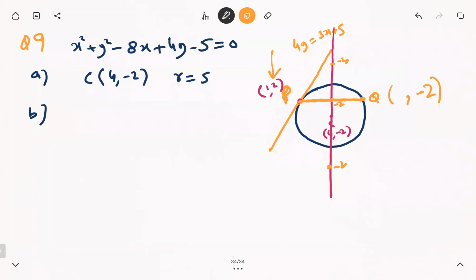Okay, I want to ask one thing. The coordinates of C, the center, that you told me, 4 -2, are they correct? The answer you gave for A part in question 9, I'm a bit doubtful about that. Question 9.